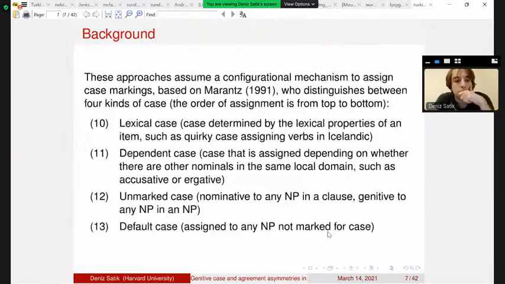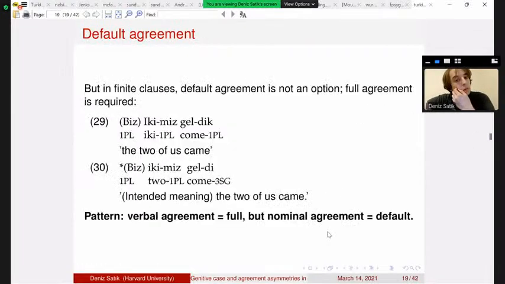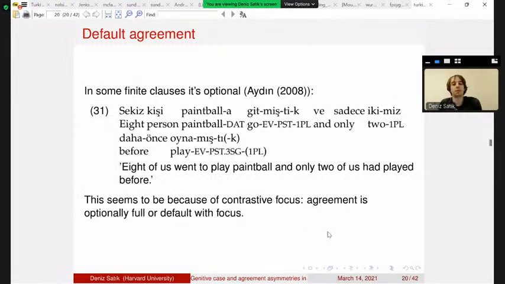I think, especially in those cases where you don't have the overt pronoun biz, and you just have ikimiz, you have a bunch of examples where it looks like agreement on the clausal side might be optional-ish. So in those paintball cases, and so on. And then you had a contrast of focus example where things looked better.